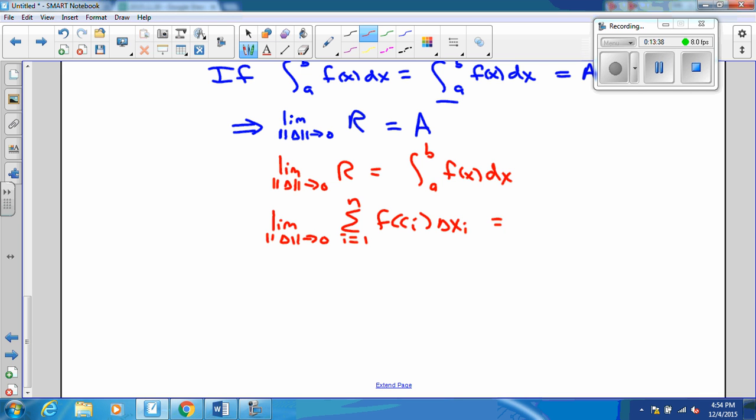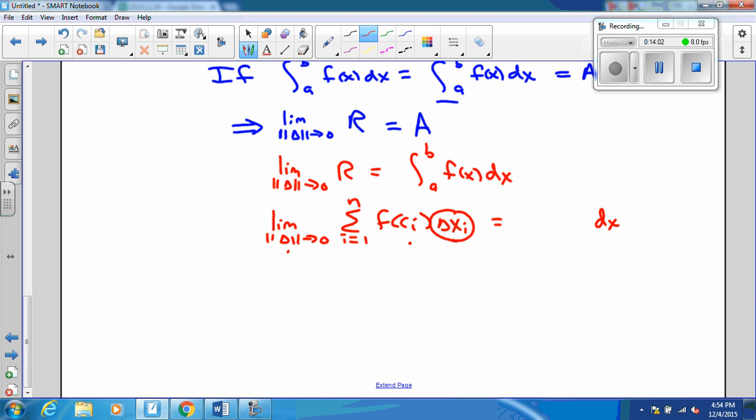And in Leibnizian fashion, in fact it was Leibniz that introduced this notation, what we're going to do is to think as the delta x's go to 0, and notice that if the mesh size goes to 0, all of my delta x's must go to 0 with it. As the delta x's go to 0, then they are going to become infinitesimally small pieces of x. This is Leibniz talking.